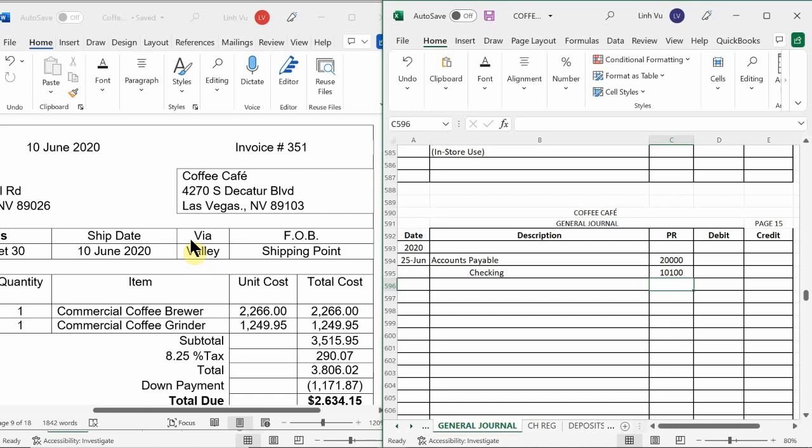How much do we owe on this invoice? $2,634.15, right?